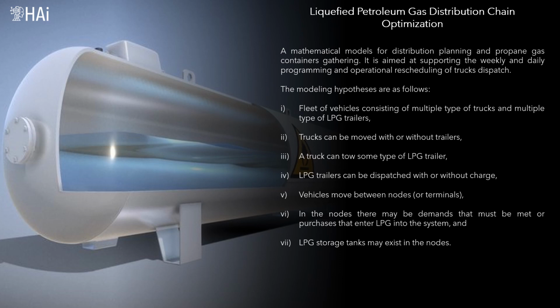Trucks can be moved with or without trailers. A truck can tow some types of LPG trailer. LPG trailers can be dispatched with or without charge. Vehicles move between nodes, or terminals. In the nodes there may be demands that must be met, or purchases that enter LPG into the system, and LPG storage tanks may exist in the nodes.